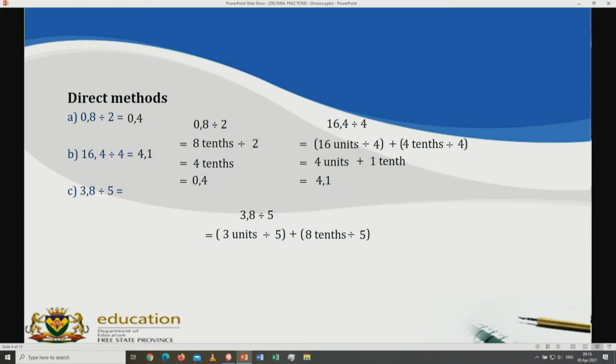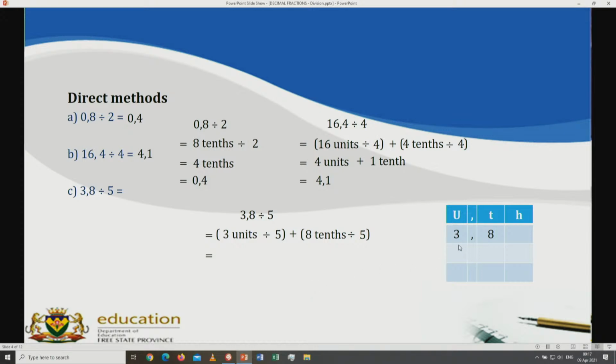Now, as you can see, 5 into 3 cannot go without leaving a remainder. So what we know from the place value chart is that 3,8 can be the same as 38 tenths. Then when we are talking about 38 tenths, 5 can get into it.